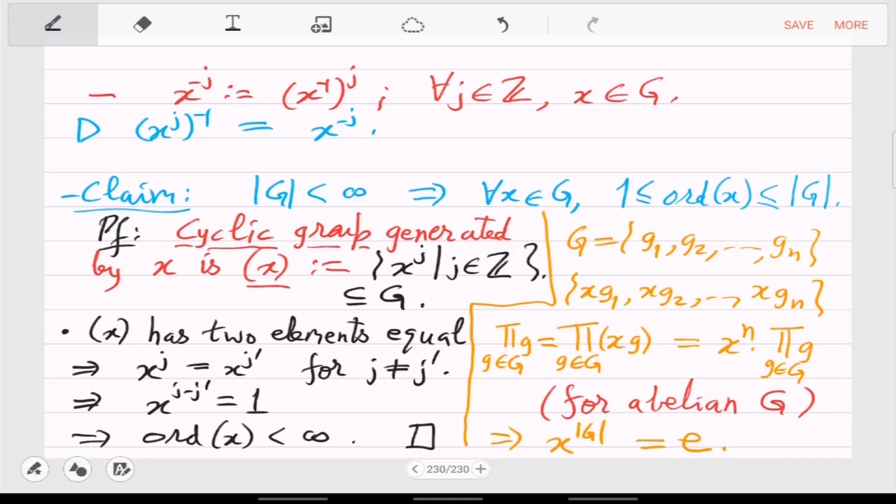No questions? Sorry? What do you mean? Why did we define it? No, we just wanted to look at the set of x to the j's. It happens to be a group, which I will call the cyclic group.